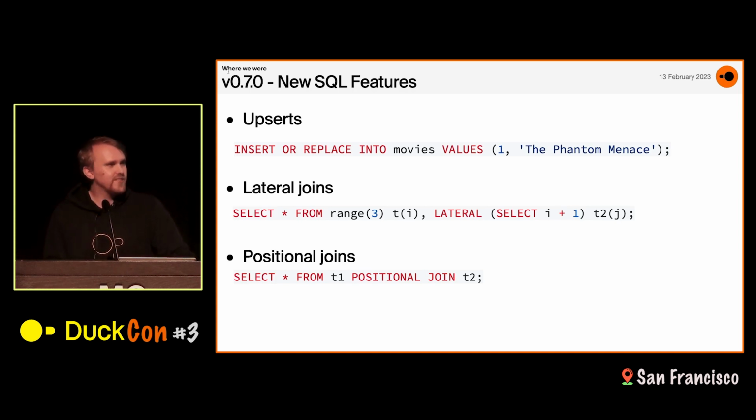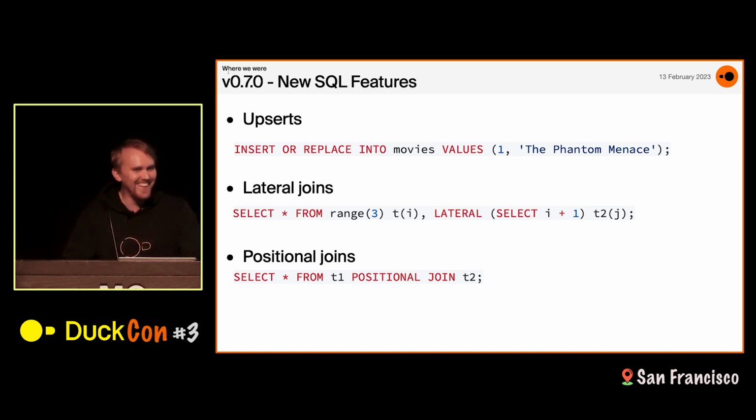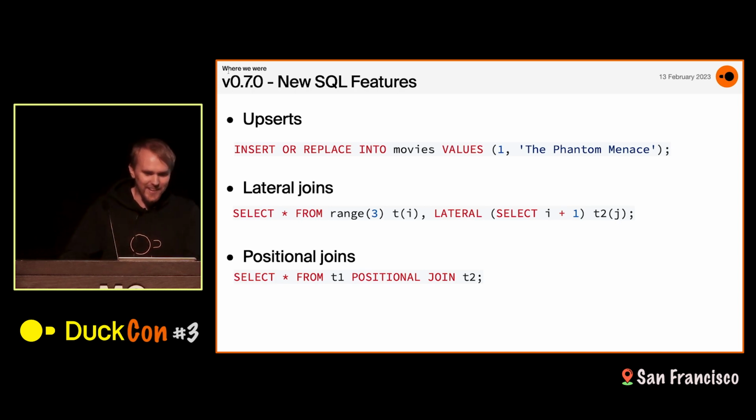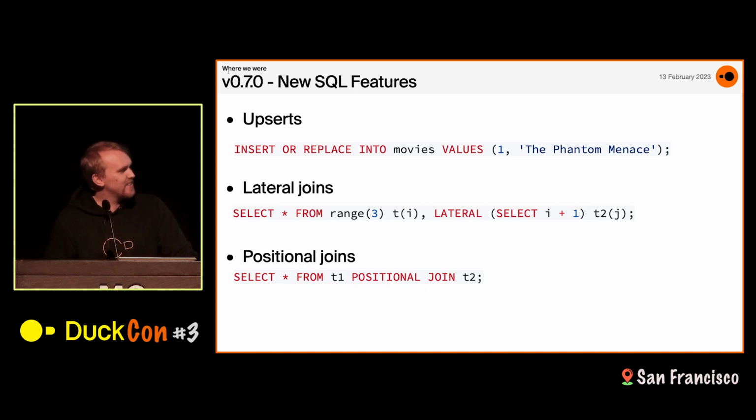The lateral joins, I could give a whole talk on lateral joins. Maybe I shouldn't get started on that. Okay, a lateral join is a bit like a more advanced correlated subquery. If you aren't familiar with the correlated subquery, I have recently written a blog post on that on the DuckDB website, so you can read up on it. It's deceptively powerful.